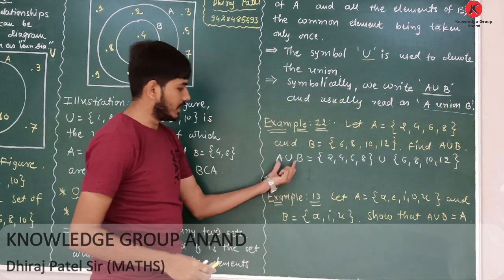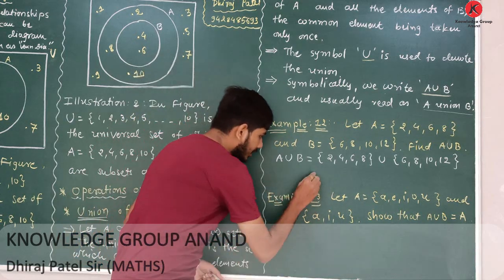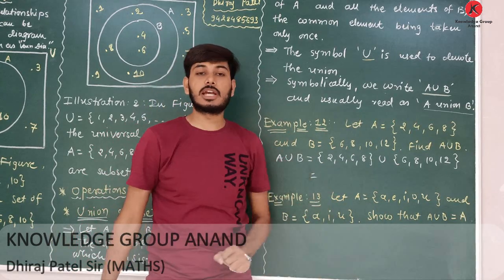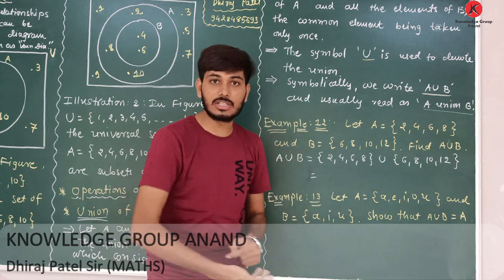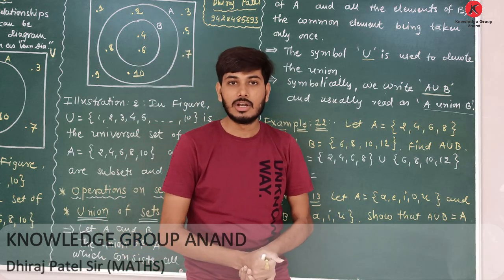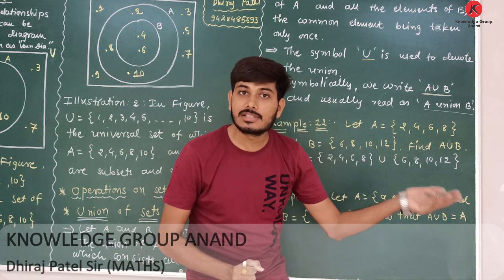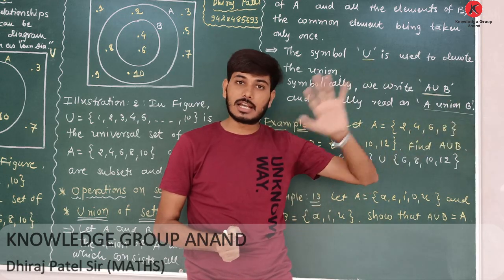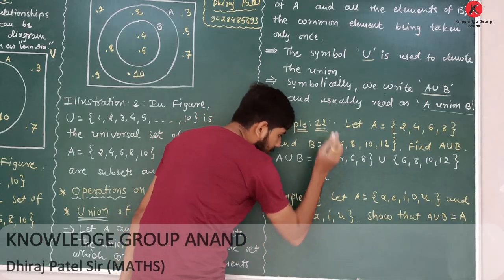Now, A union B equals all the elements of set A and all the elements of set B. In other words, we have to consider all the elements that are in set A or in set B. Therefore, write all the elements without repeating them.